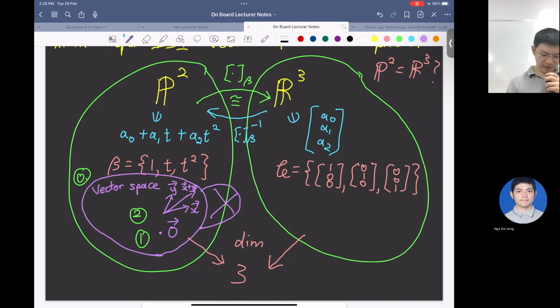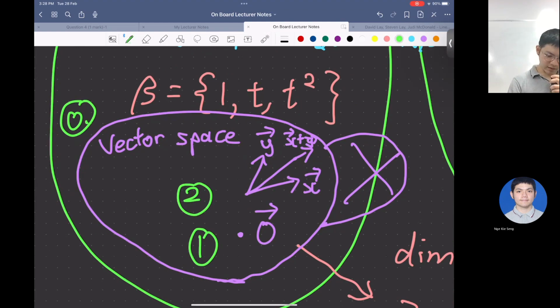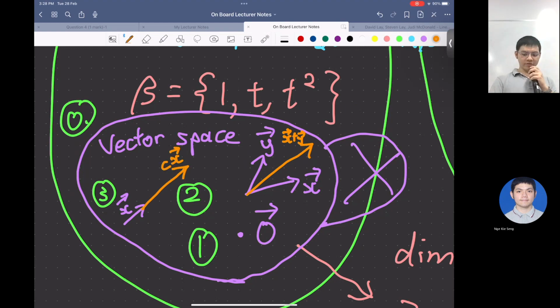And third, if you take an x and scale it, it still lies inside. Okay, make sure you know how to show it.